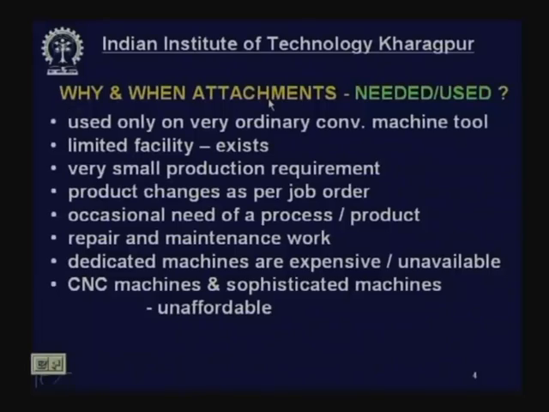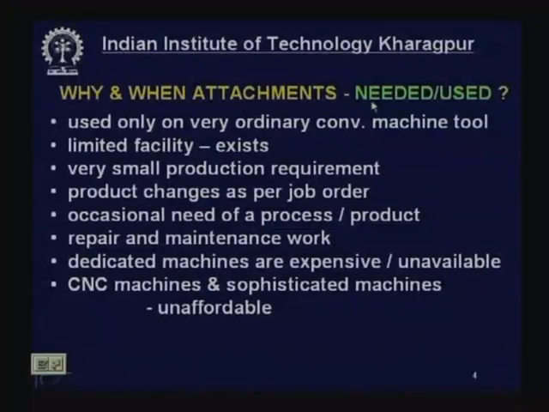Now, why and when should attachments be used? These will be gradually eliminated or become obsolete, but even now, for another few decades, this will continue in some areas. What are those areas? When and why are attachments needed and to be used? They should be used only on very ordinary conventional machine tools, say center lathe, ordinary column drilling machine, ordinary shaping machine, ordinary general purpose non-automatic milling machine and so on.